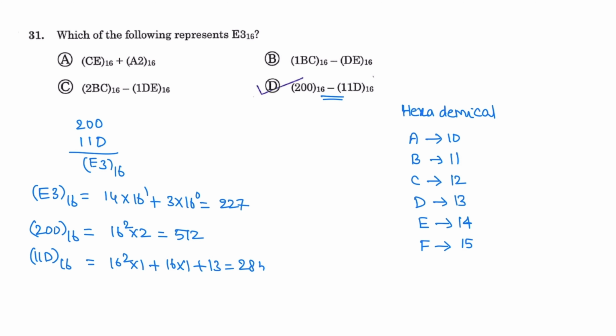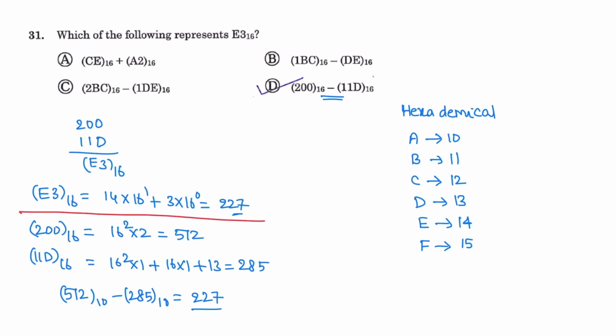Now 512 base 10 minus 285 base 10, its value is 227. So this is satisfied. The correct option is D. Next question.